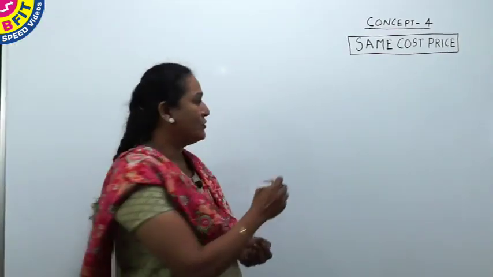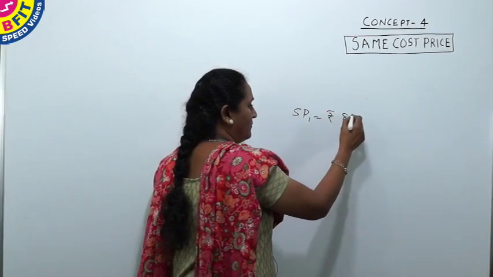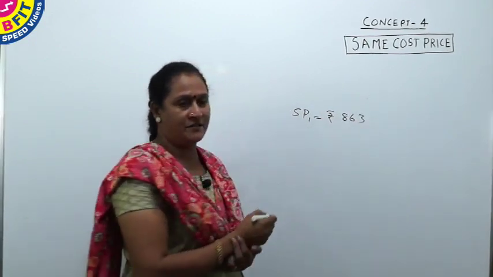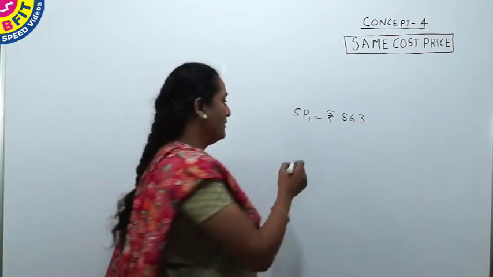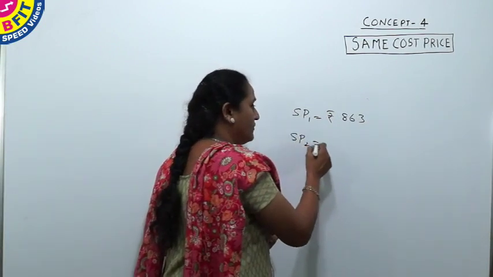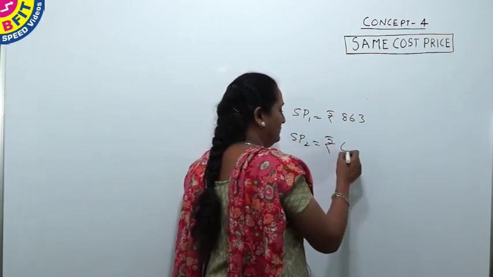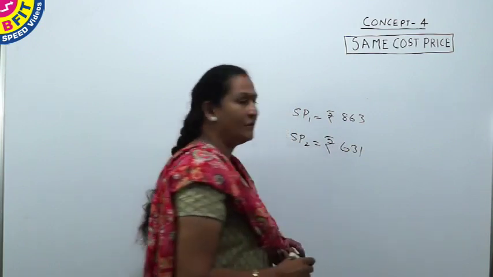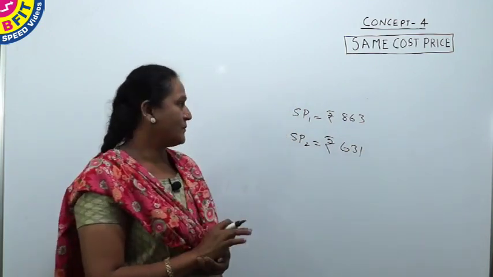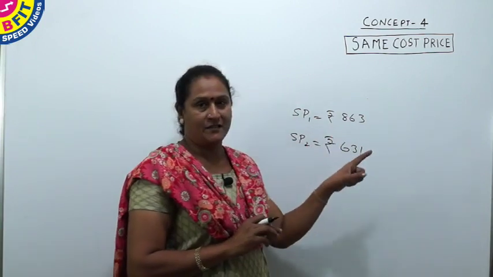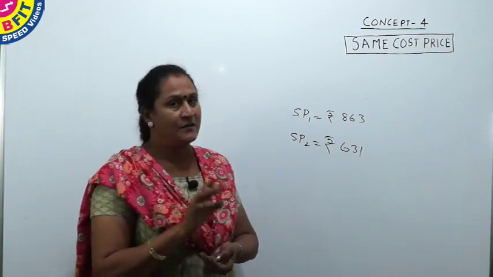When the trousers are sold for rupees 863, the profit got in this is equal to the loss when the same is sold for rupees 631. So here the base, the cost price, is the same. For the same cost price, if it is sold for 863, a person gains, and if it is sold for rupees 631, the person loses.